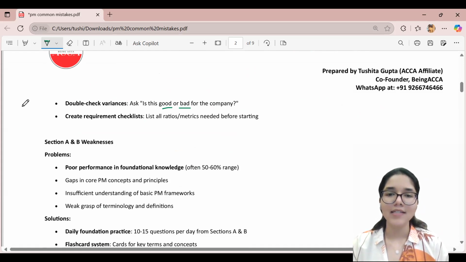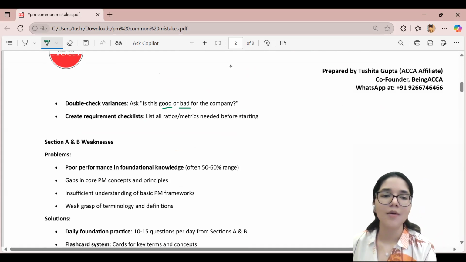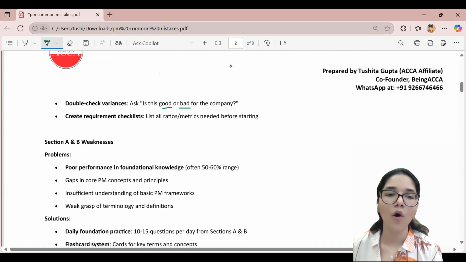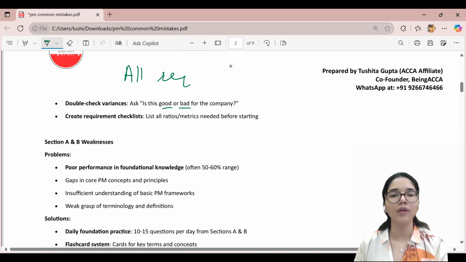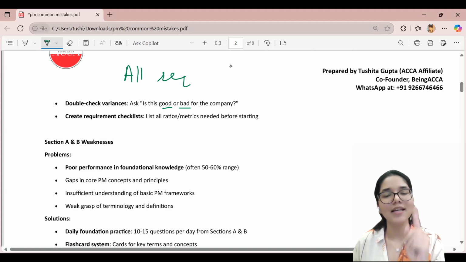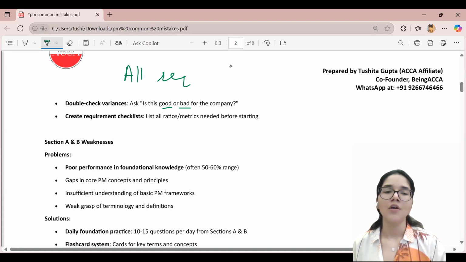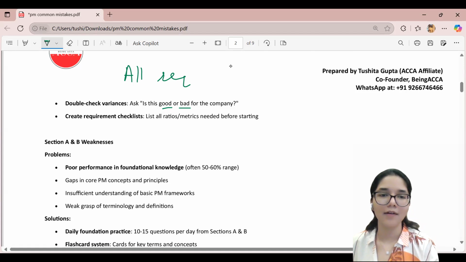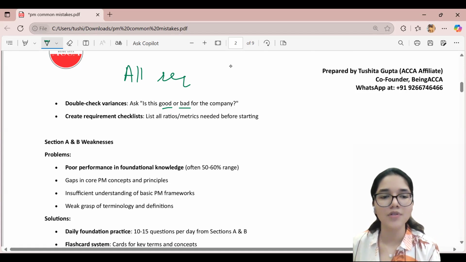Then always, because I have seen the students miss out on answering all the requirements. Sometimes what will happen is the examiner is going to give you multiple requirements in just one question line. Yesterday also, I was practicing with one of my batches of students, where in part A, they were asking three things in one single sentence.